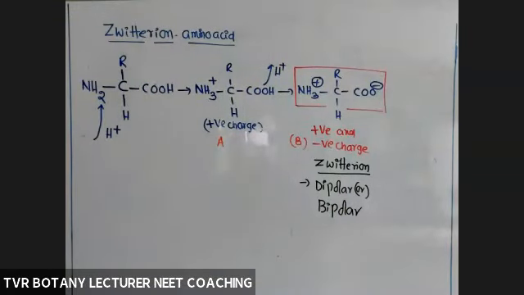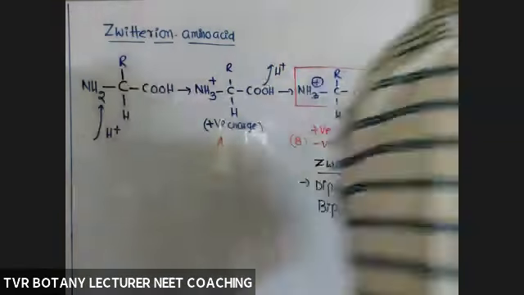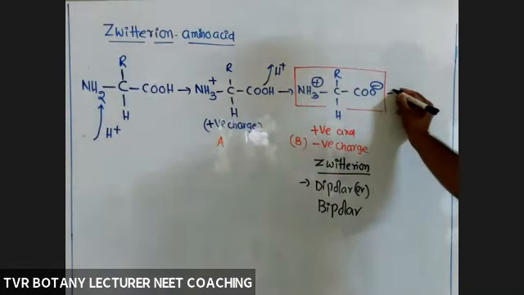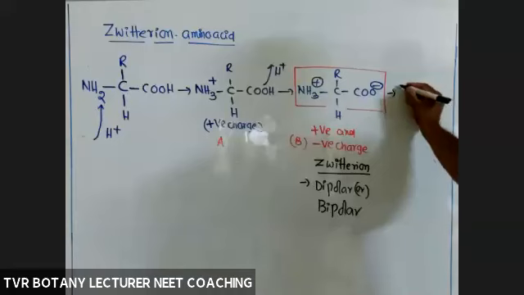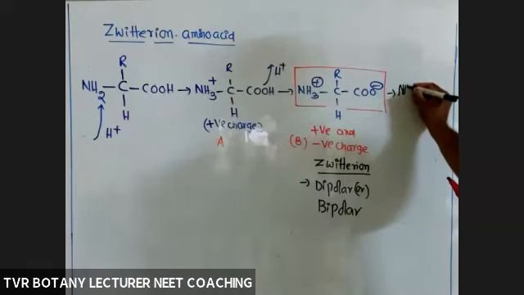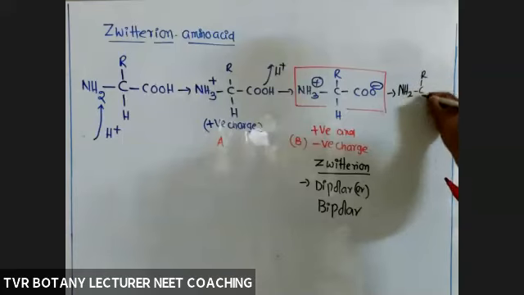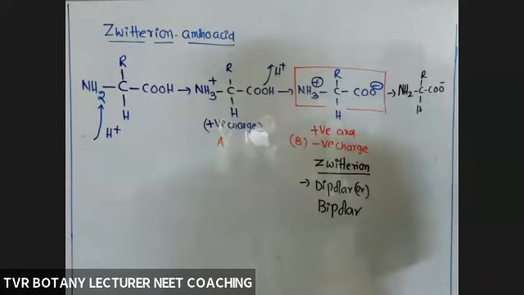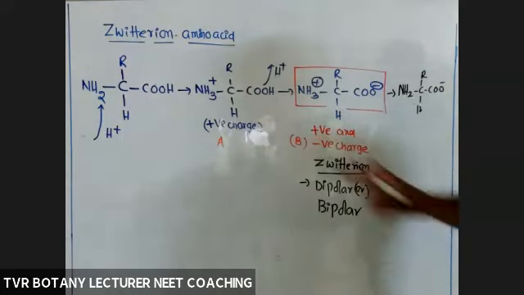Positive and negative charges. And after completion of this one, in your textbook one more also given, C, that is with NH2, R group, hydrogen atom, COO minus given. This is also not zwitterion.